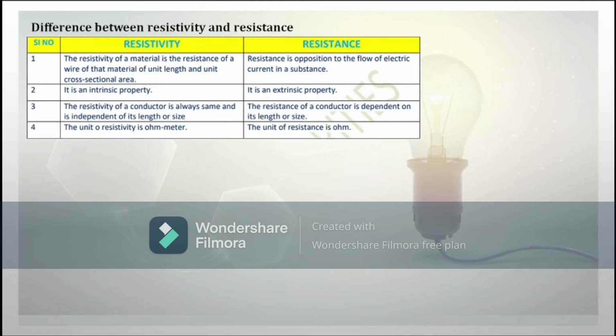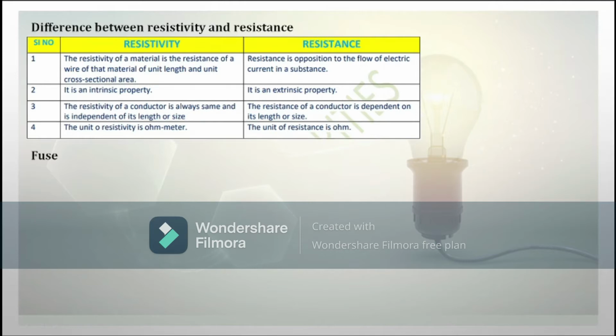The unit of resistivity is ohm meter, whereas the unit of resistance is expressed in ohms. This is the main difference between resistivity and resistance.